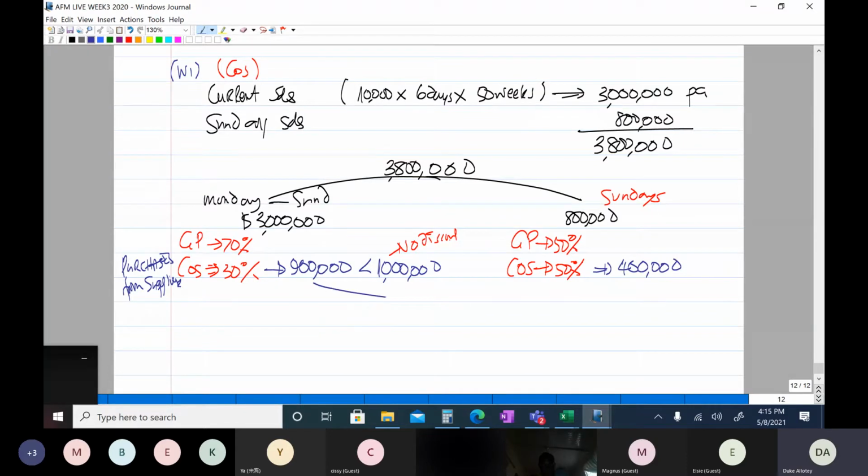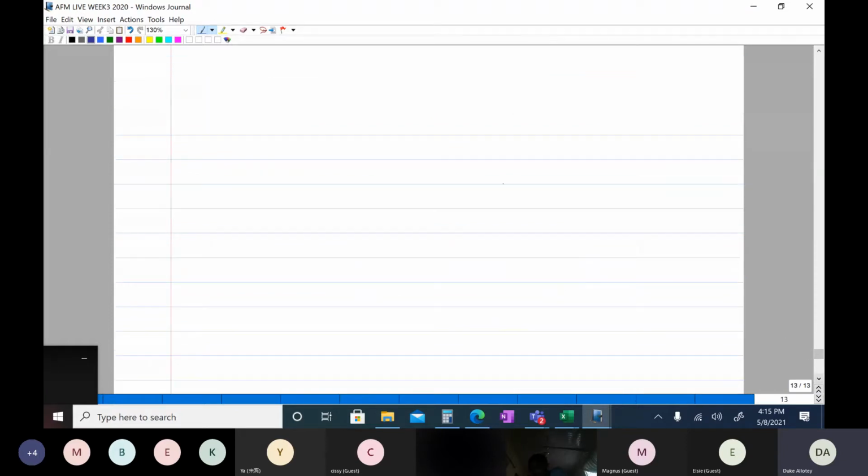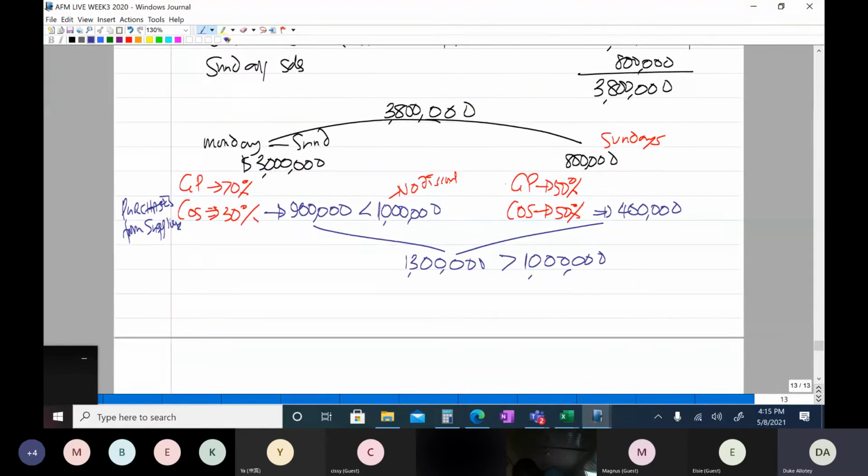So this plus this will now give me 1.3 million. So total annual spend will now be more than 1 million. So it will now attract what? The discount. Very, very interesting. Hence the discounts will apply.